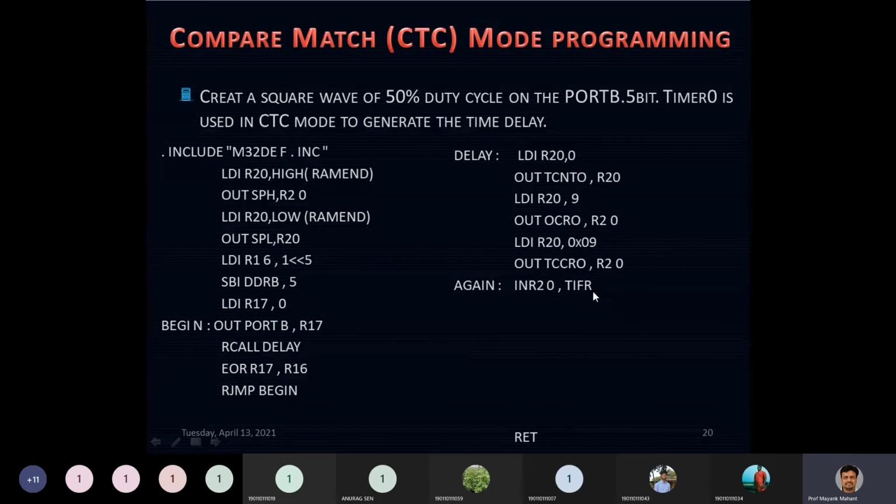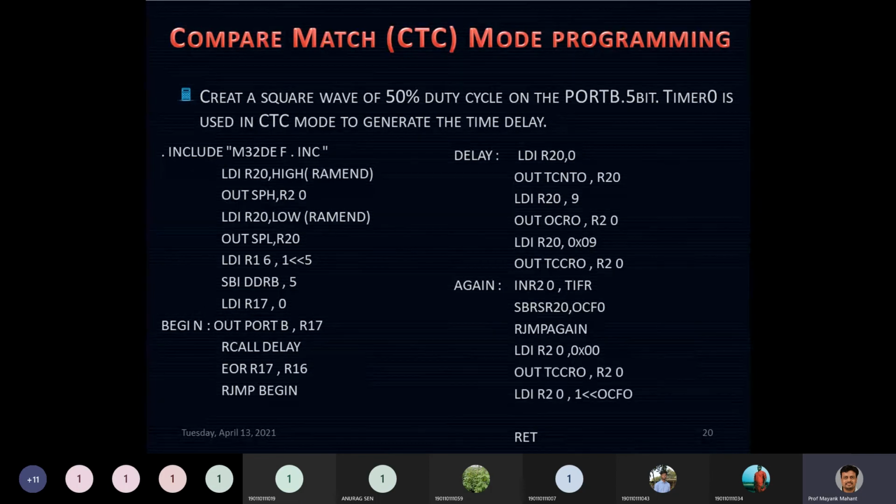Then continuously we will be monitoring our TIFR register to see whether our OCF flag is raised or not. The SBRS instruction will again be helping us. Then we stop our timer and clear our OCF flag. You can see that the value 1 is shifted to the OCF0 position in R20, and R20 is sent to your TIFR register.